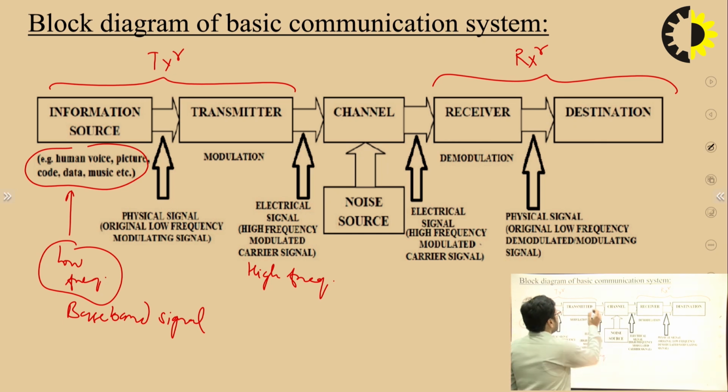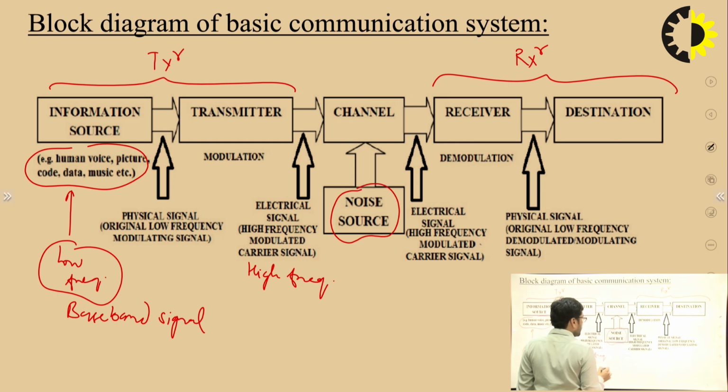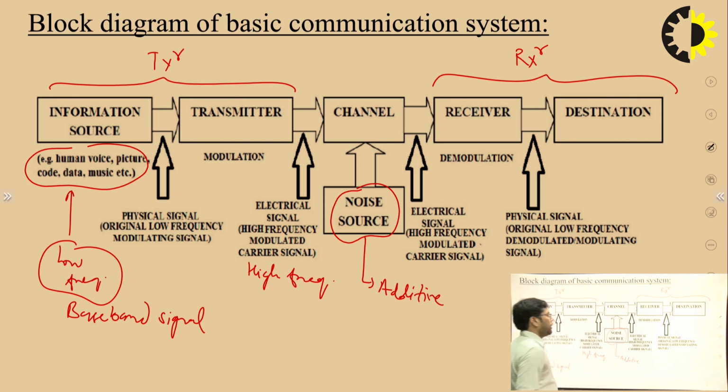Here you can see the high frequency signal. This electrical signal passes through a channel, and you can see some kind of noise affecting the signal passing through the channel. The nature of this noise is additive; it is a kind of additive white Gaussian noise.